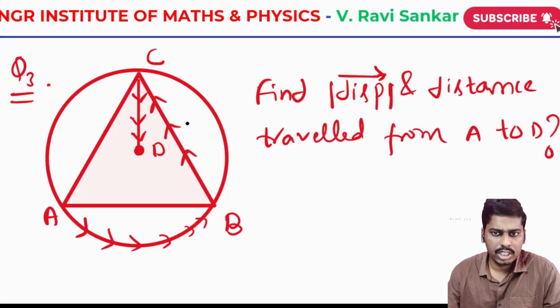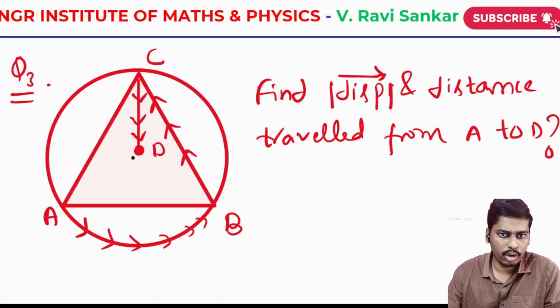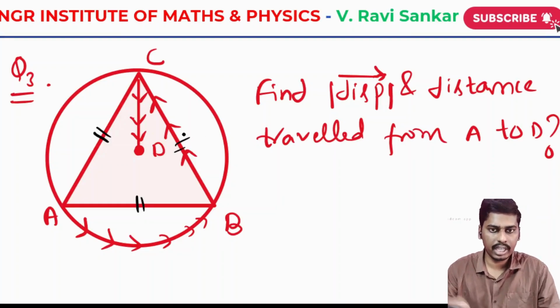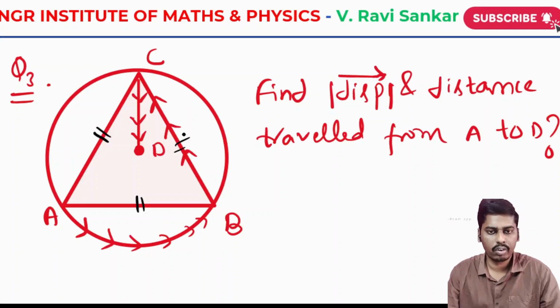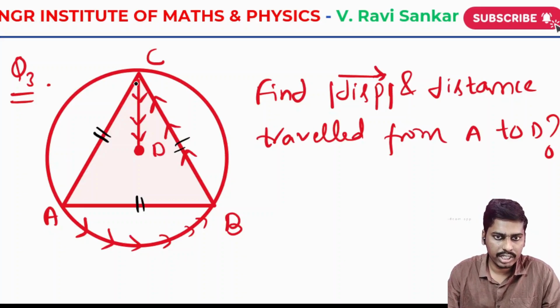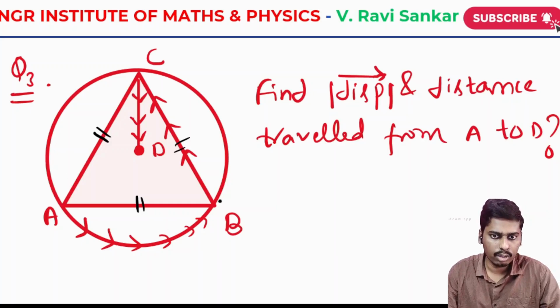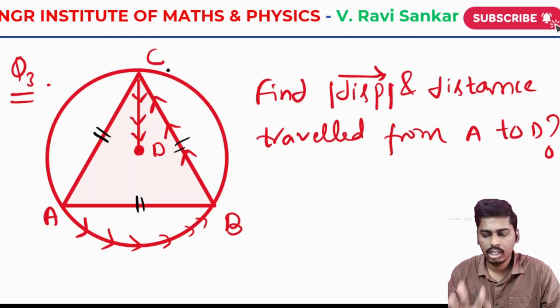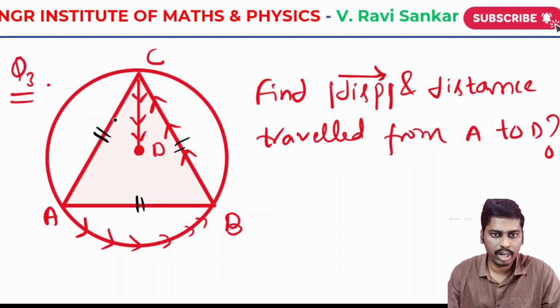What is distance? It's so simple, right? Since this is an equilateral triangle, as stated in the question, it divides A to B, A to C, and B to C into three equal parts.